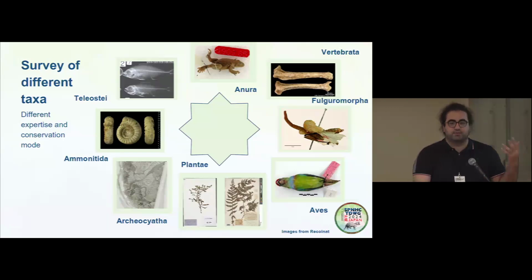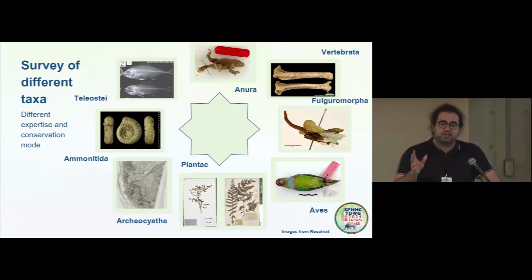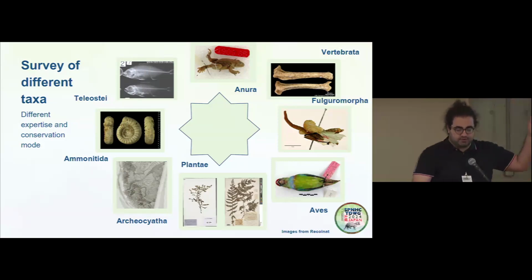So to make sure that what we will develop in the context of Ecole Plus, the project that is now focusing on collections in France, we surveyed specialists of different taxa working with different supports and different types of conservation methods, such as fossils, specimens in alcohol, 3D specimens, or 3D imaging of specimens, such as bones, insects, etc., and obviously plants.